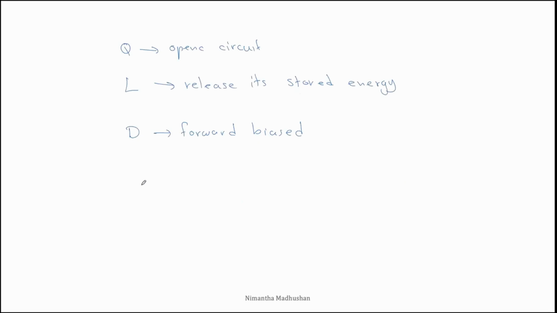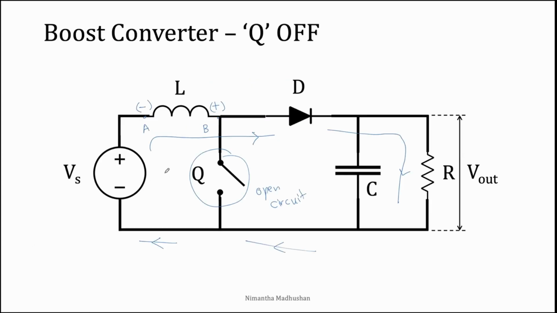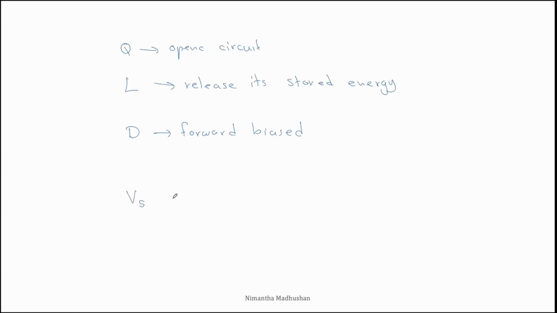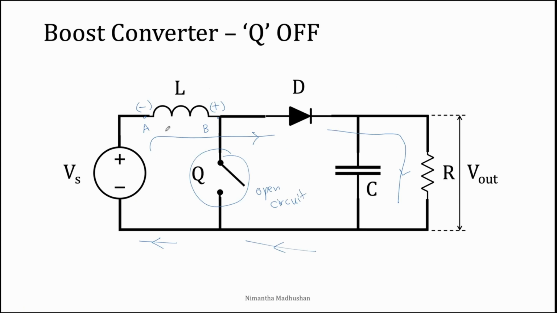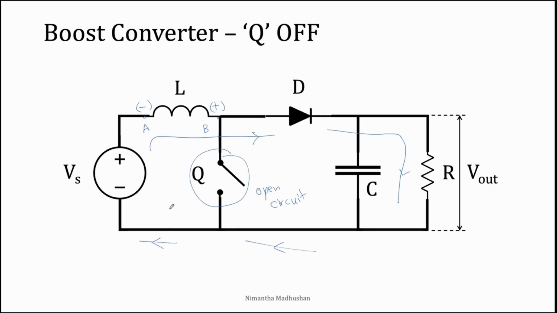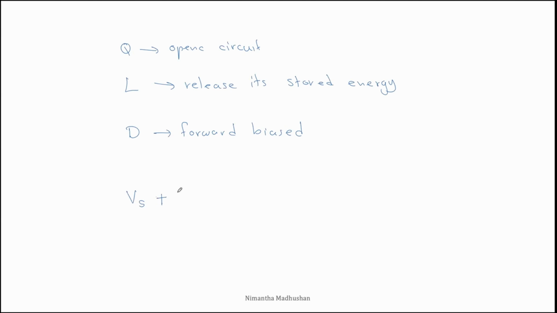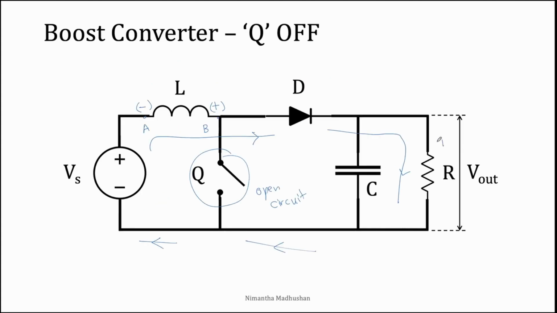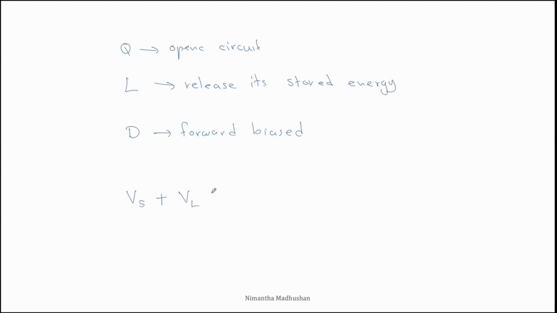And if we consider VAB, the voltage across the inductor, and write Kirchhoff's voltage law for Vs, VL and Vout, we can write, considering this direction, Vs plus, because the second mark is plus, plus VL, and the load resistance has plus and minus polarity, minus Vout is equal to 0.